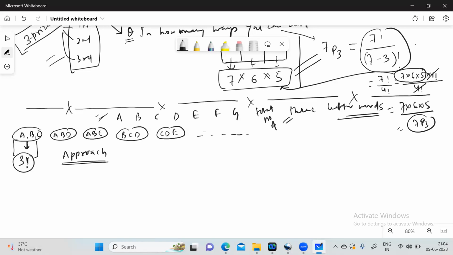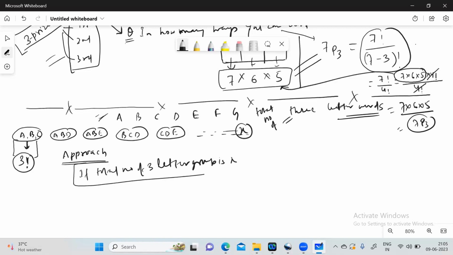if we can find that if total number of groups are X, if total number of 3-letter groups is X, so इसी का answer, the question that I've asked, the main question is like total number of 3-letter words क्या होंगे?